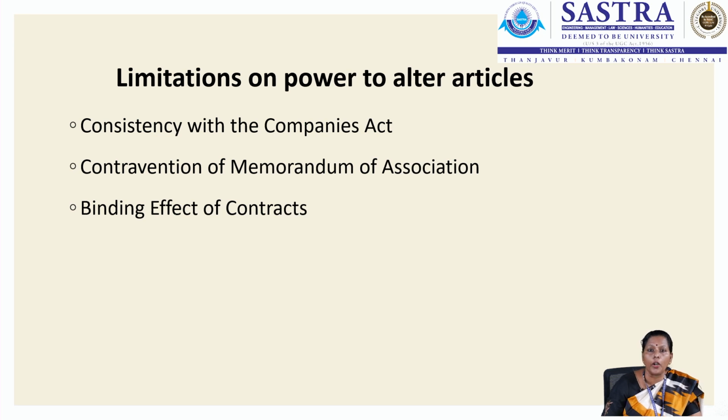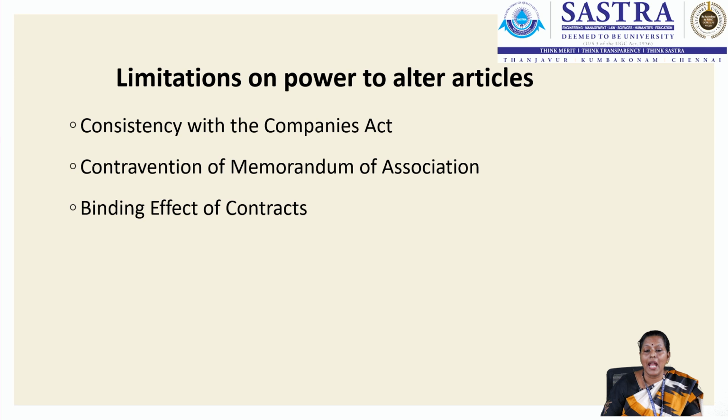No, definitely not. All those contracts which were created based on the rules and regulations of the Article of Association before alteration will remain good even after the alteration of the Article of Association, for the reason that all these contracts had been made before the alteration.